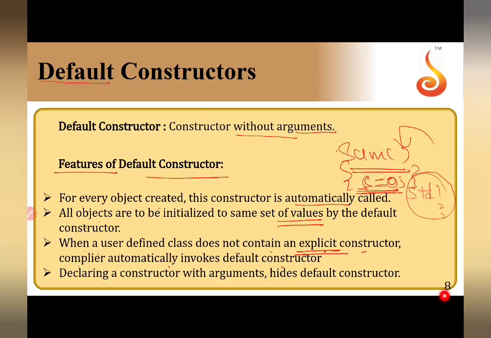And declaring a constructor with arguments, that is, if you have a parameterized constructor, then it hides the default constructor. So please go through this. These are the different features of a default constructor. A default constructor means a constructor without any arguments.